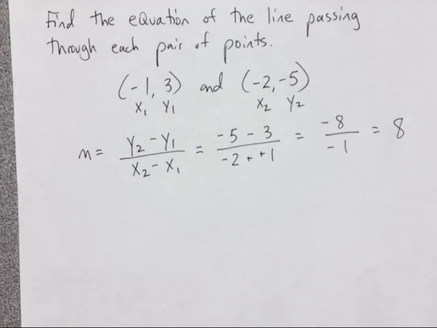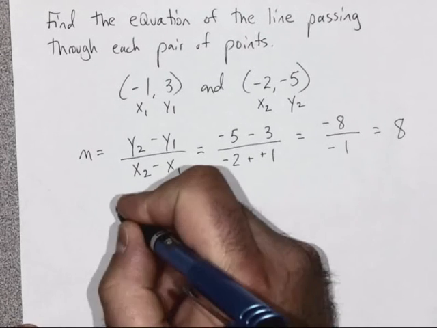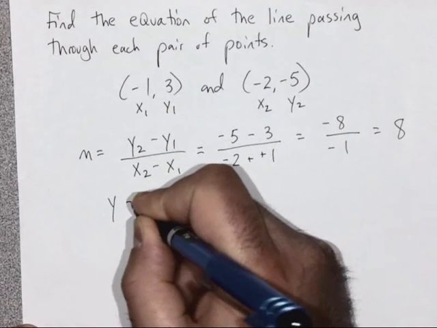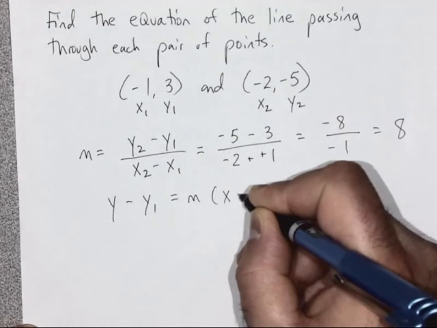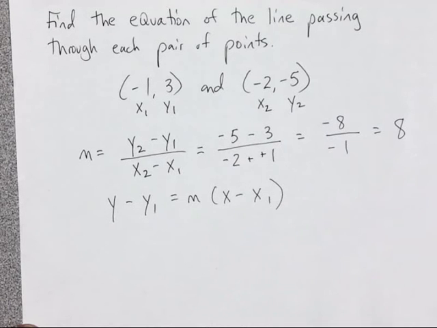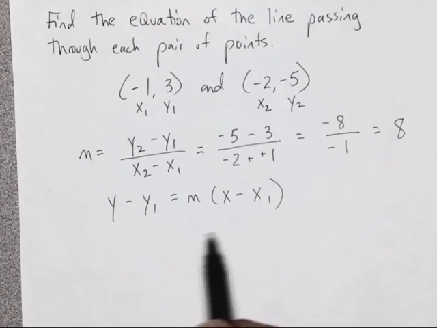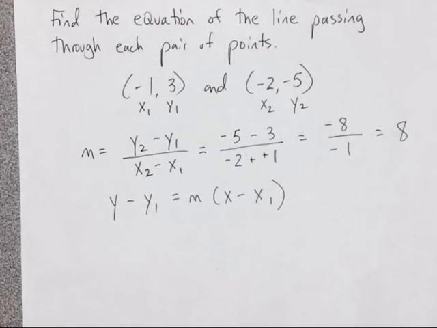And now I have the slope and I have 2 points on the line. I really just need to use one of those points to write my equation, because remember that my point slope formula just requires me to have the slope and 1 point on the line, and I have that now.